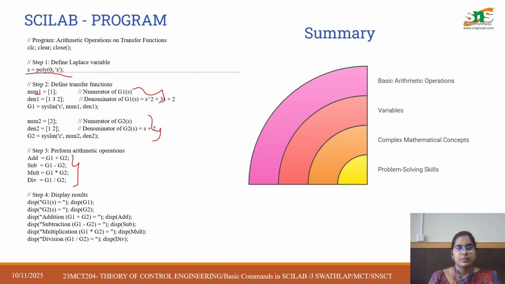Finally I display G1 and G2. If you want a statement to be displayed, you can do that, or if you want your answer displayed directly, you can use disp of g1, g2, add, subtract, multiply and division. These are the variables you define, and g1 and g2 are transfer functions of the system you choose.